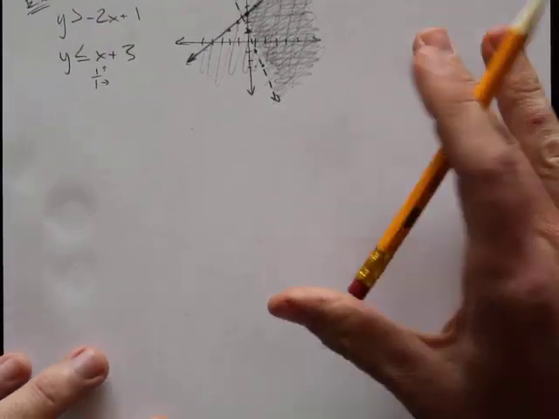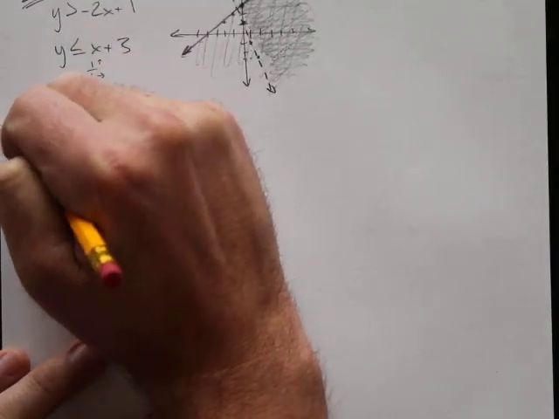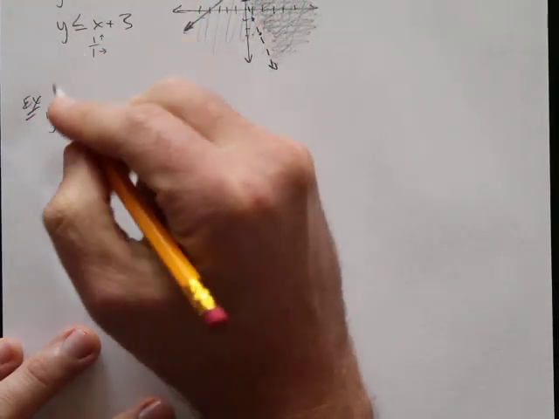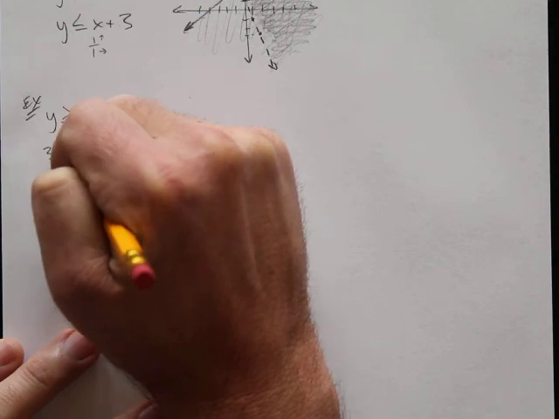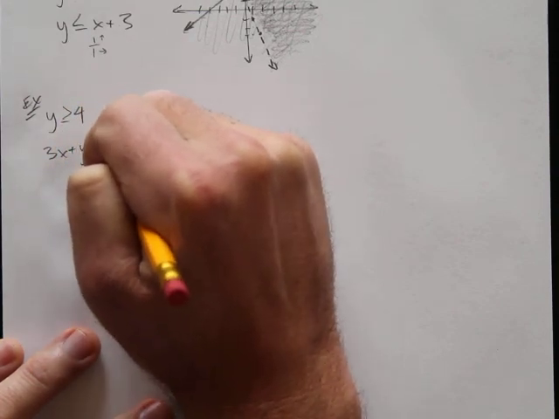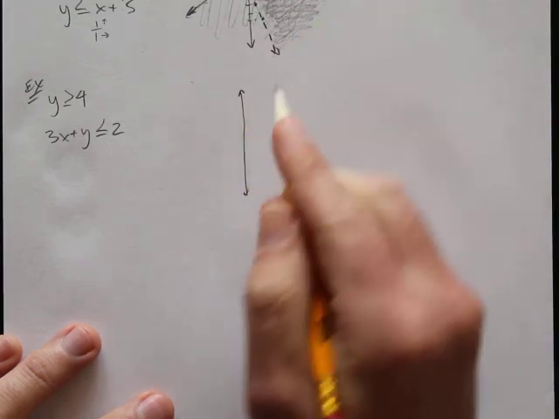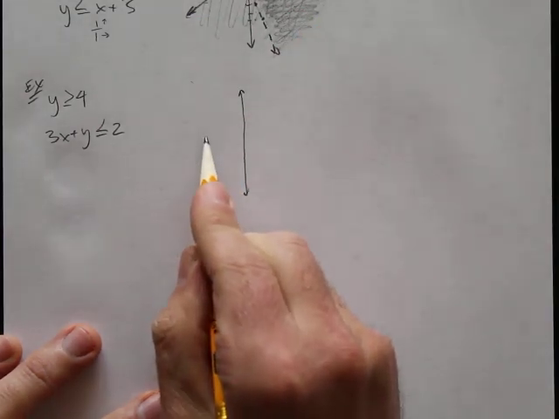Let's do another one. So I've got y is greater than or equal to 4 and 3x plus y is less than or equal to 2. All right, let's start my coordinate plane.